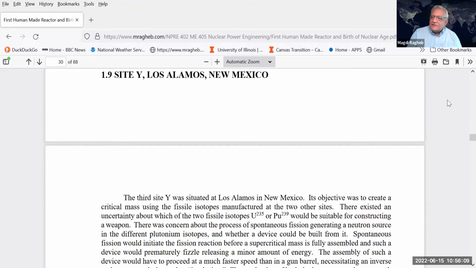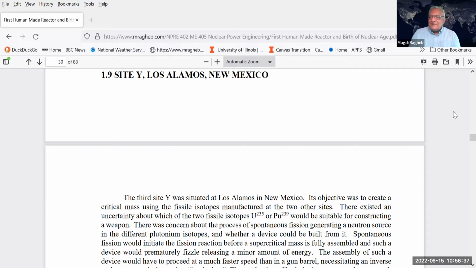So we had 2 sites now, one at Hanford, Site W, producing plutonium-239. We had Site X at Oak Ridge National Lab, producing uranium-235, and they needed to assemble and study how to create a weapon out of those 2 elements. Now, they didn't know, General Leslie Groves and Robert Oppenheimer, which element is going to work.